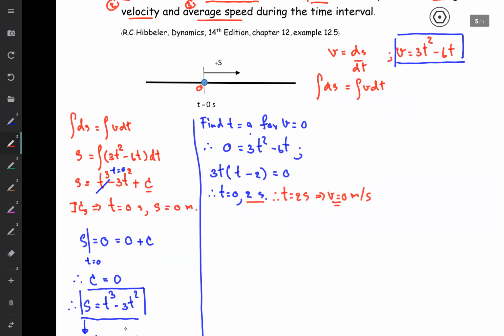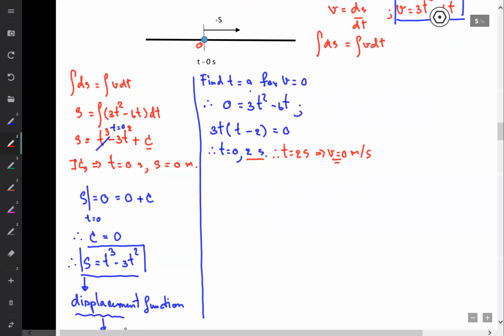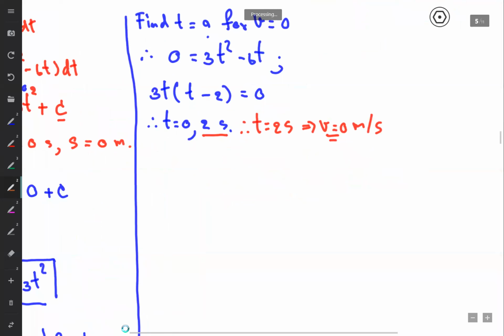If we consider the time interval greater than 0 but not greater than 2 seconds, in the period of 0 to 2 seconds, the velocity is negative, and the particle should move to the left.